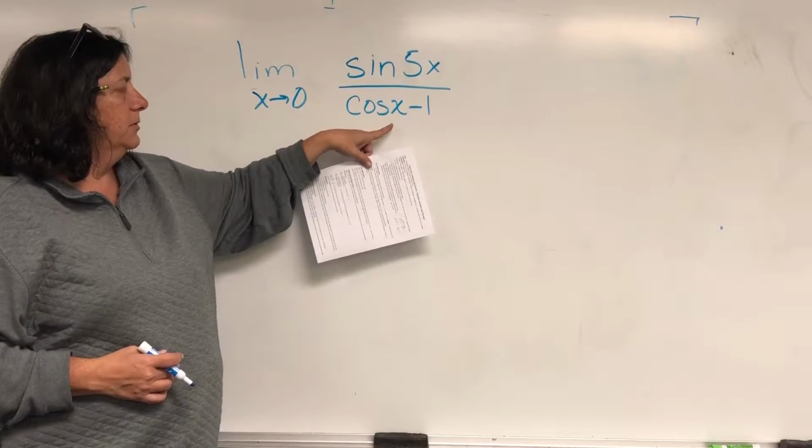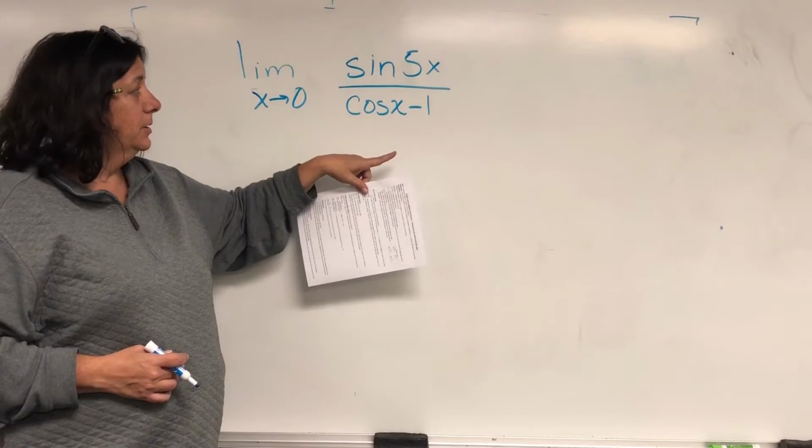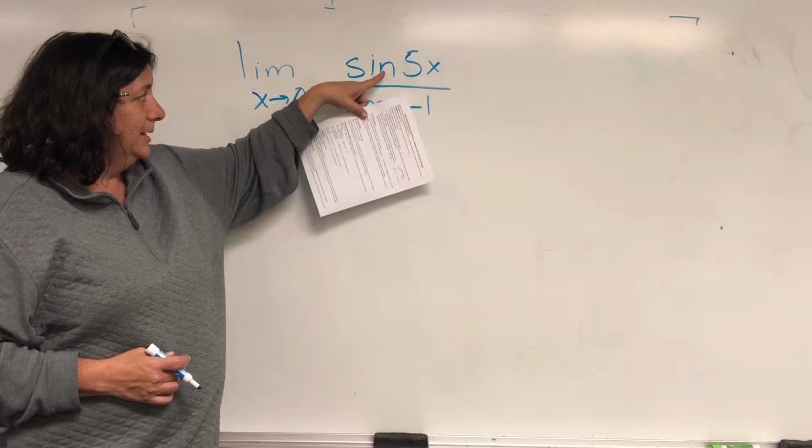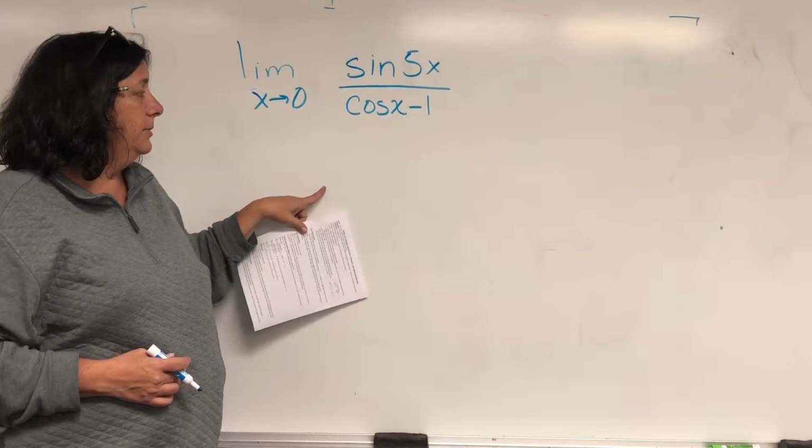So we're going to have 0 over 0. The special trig limit doesn't work, but I can use that new thing we learned called L'Hopital's rule. And it says I can take the derivative of the numerator and the denominator and then try the limit.